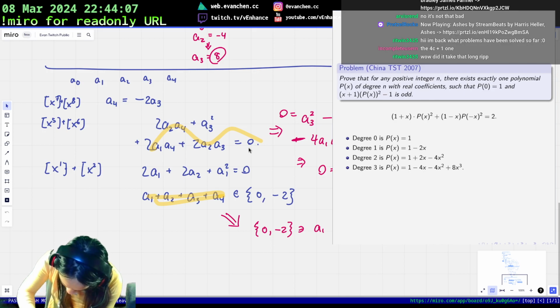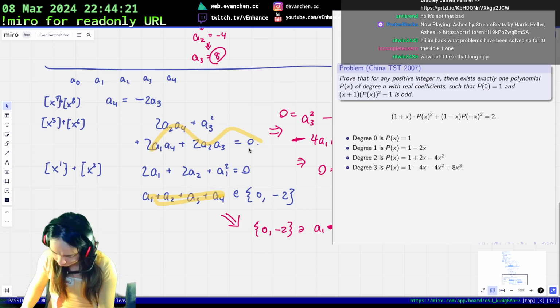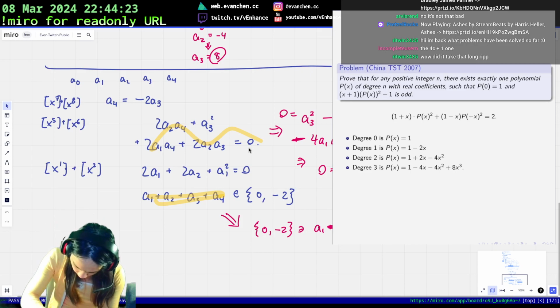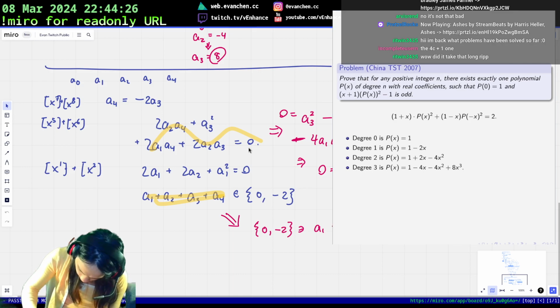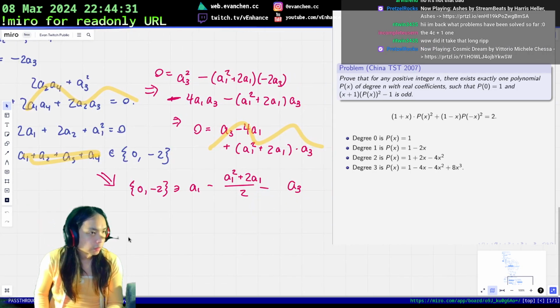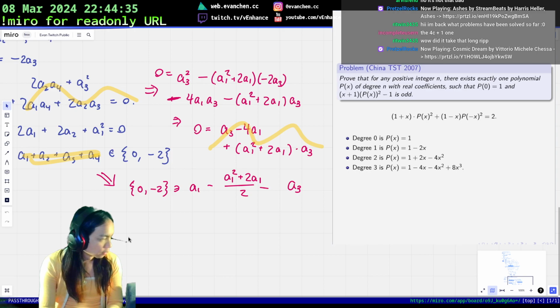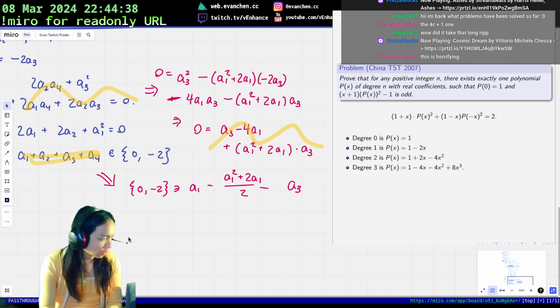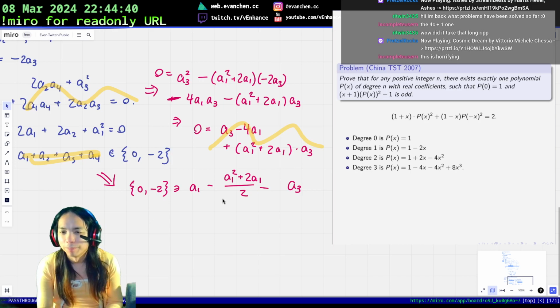It's like A1 plus minus A1 squared plus 2A1 over 2 plus, and then A3 minus A3. Alright, let me move this over a little because I'm going off the screen. Yeah, the 4C plus 1 totally killed us.